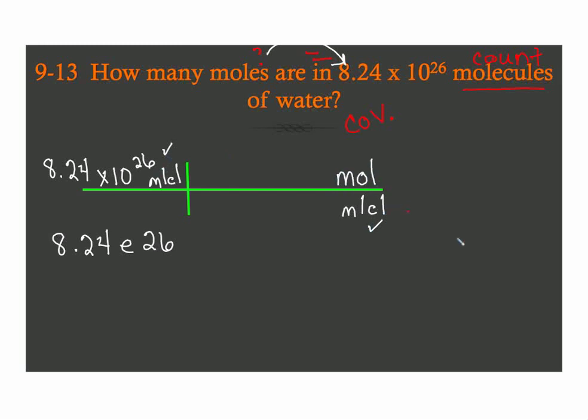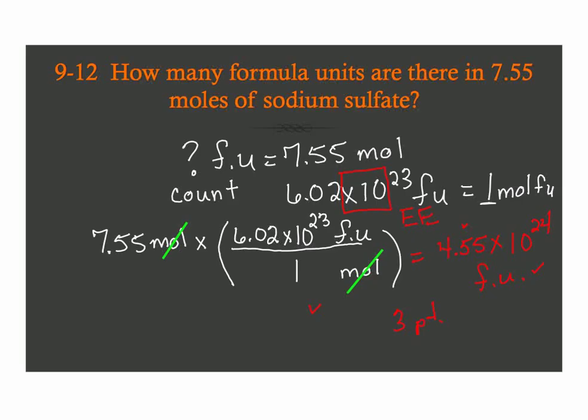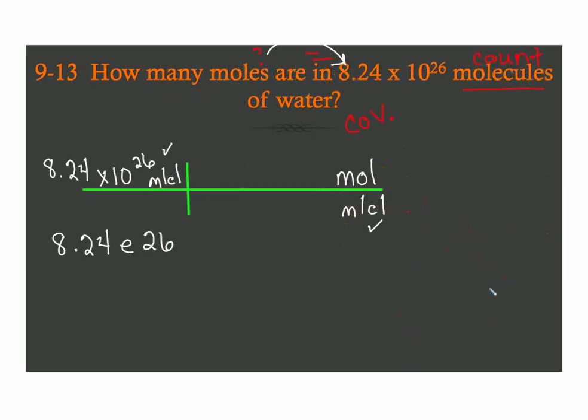I want moles. If you look at your map, this is a 1 step. So if we go back to this map, we are here, and we're just going 1 step to here. So it really does help to find your way on that map. Throw down that map at the top of the paper.